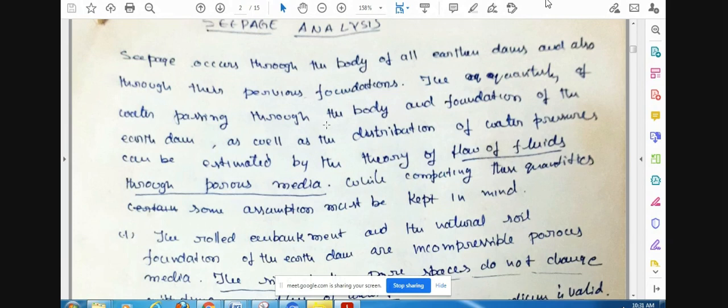Otherwise, we cannot do. If you want to calculate 100%, we would have to calculate seepage taking place in the horizontal, vertical, and lateral directions. That is not possible, impossible, okay. So therefore there are some assumptions for any analysis when you are dealing with nature.